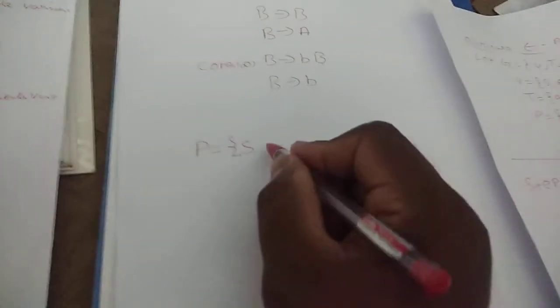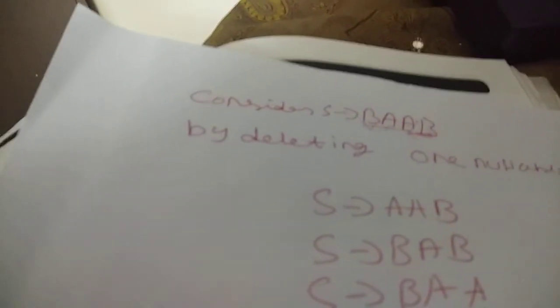First, write the transitions for S. I will write the transitions for S. Write P, the productions, as new. We got new productions, right? In that, see the overall transitions of S. Consider S tends to BAAB. See, this is the first transition. Consider first transition BAAB. And we got a new transition, that is S tending to AAB.